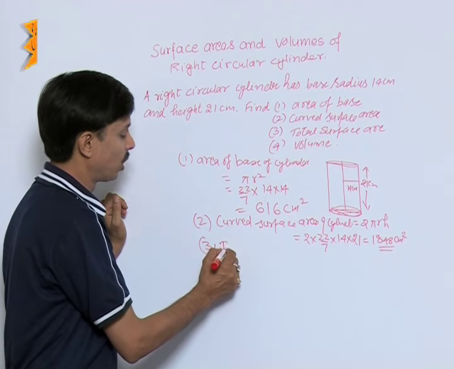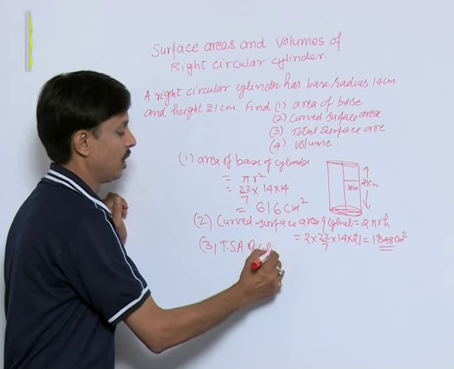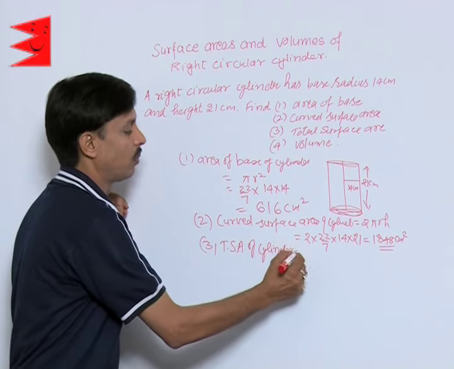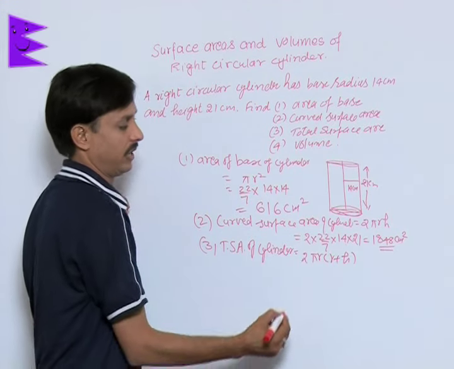Third, the total surface area, TSA of cylinder. TSA formula is 2 pi r into (r plus h).